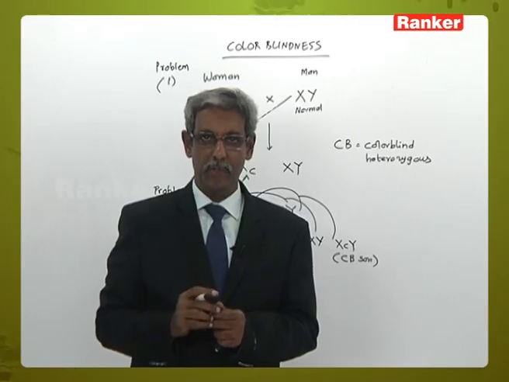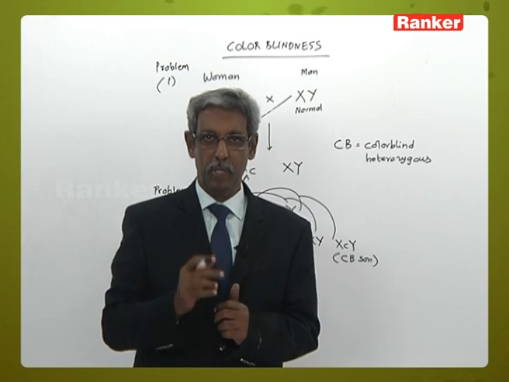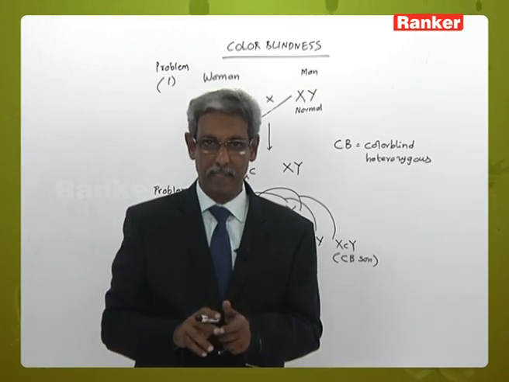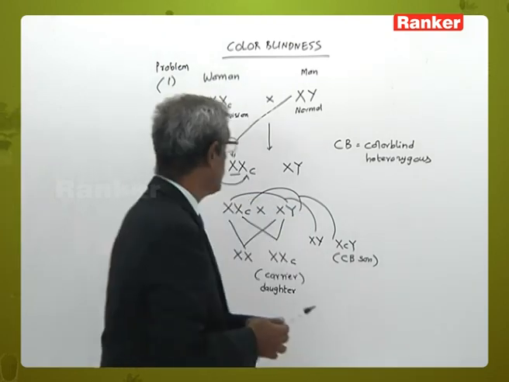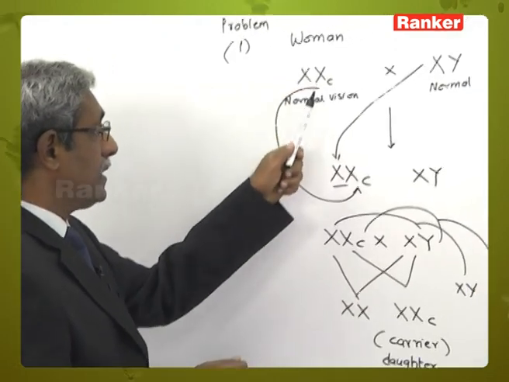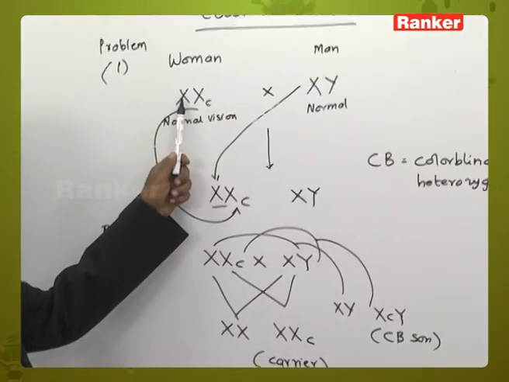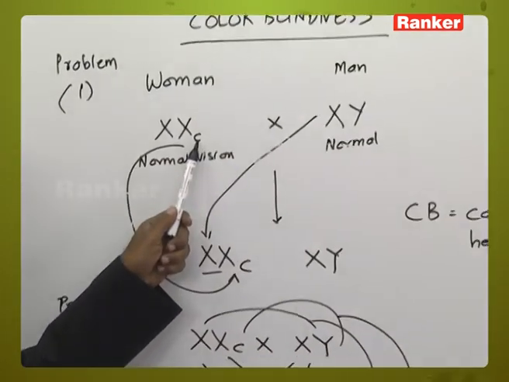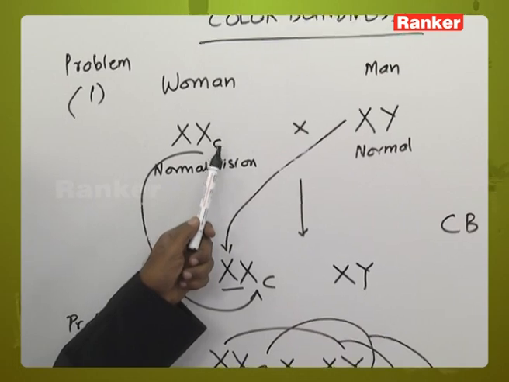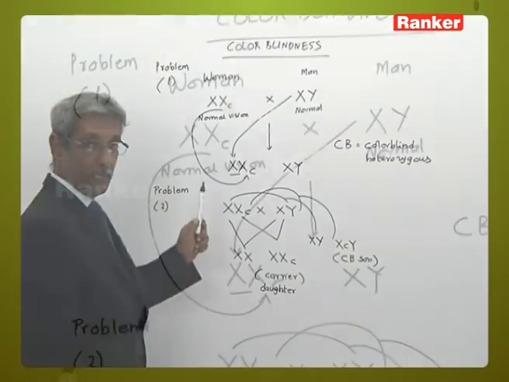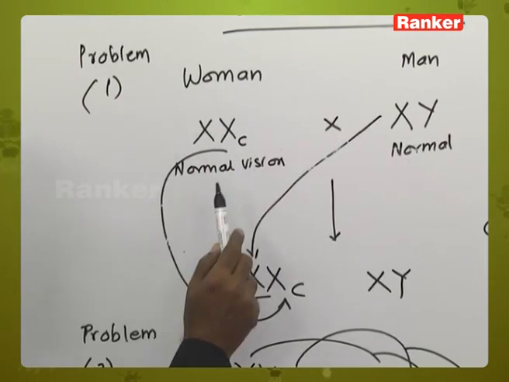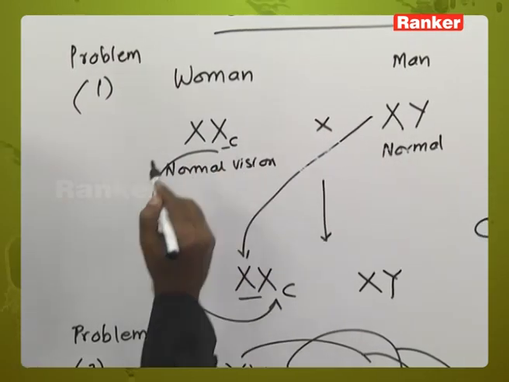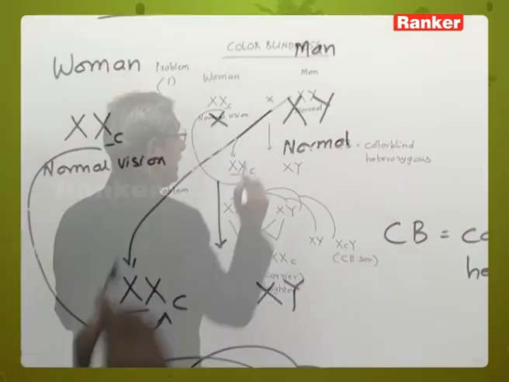We will be looking at problems related to color blindness. Normally in color blindness, as you understand, the woman is the carrier, and a woman with XX is a carrier for color blind. She could have normal vision. Now what happens when a woman who has normal vision but is a carrier of the color blind gene marries a normal male?